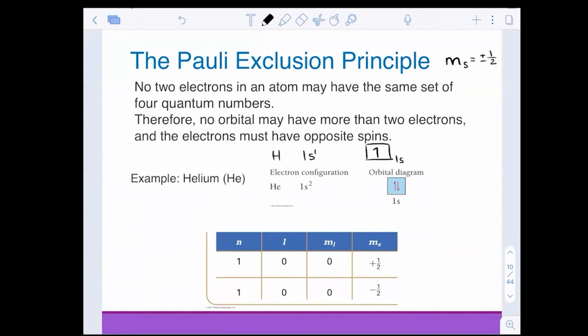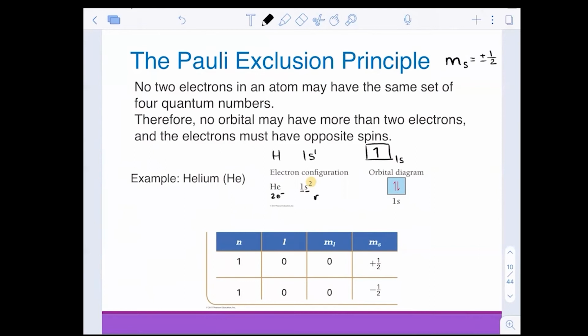But when we look at helium, why is helium so stable? It has 2 electrons, 1s2, 1 meaning that N equals 1, S meaning that L equals 0, and that 2 up there tells us there are 2 electrons in that orientation.